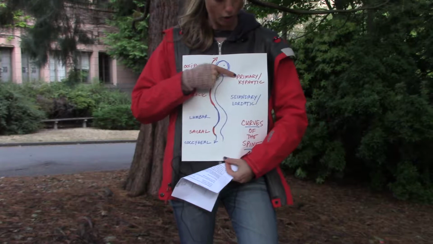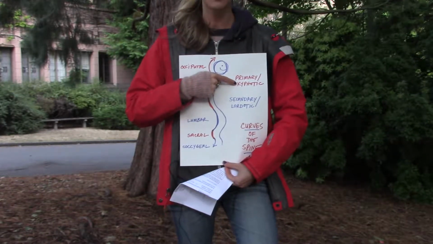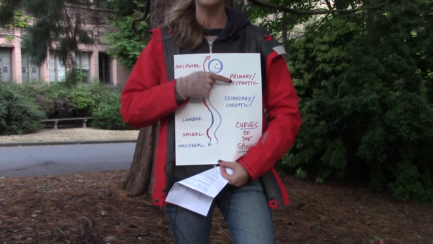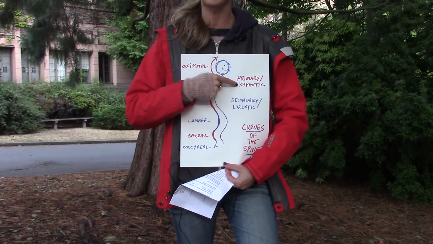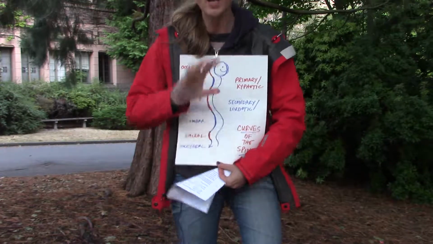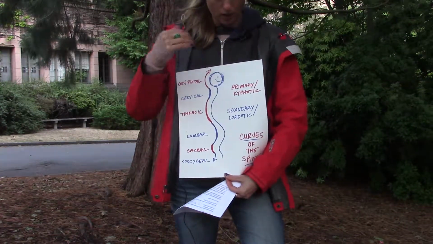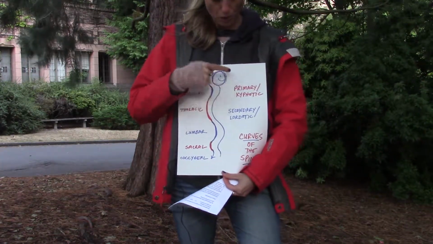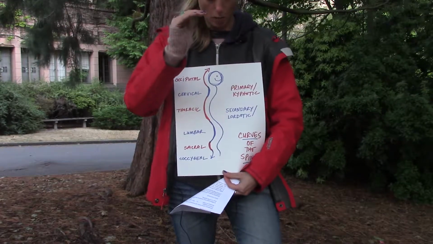Yeah, primary curves or kyphotic curves. If you hear someone talk about having kyphosis, it means like a hunchback, an exaggerated kyphotic curve, or an exaggerated primary curve to the spine.